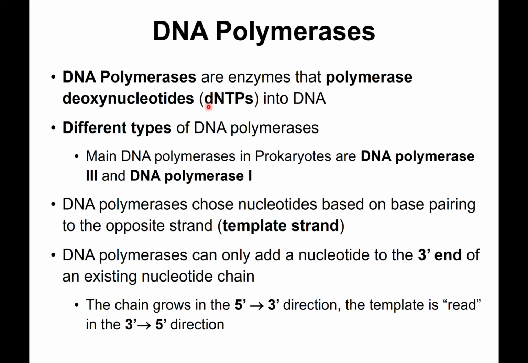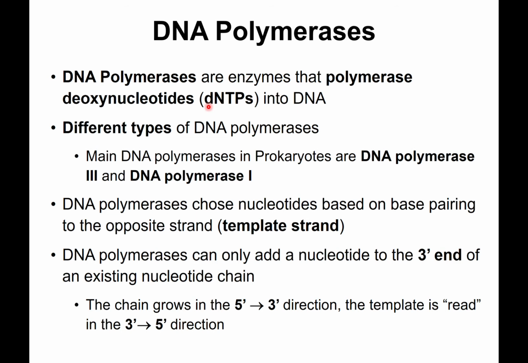Now, how does it work? How does the polymerase know which nucleotide to add? It is by reading the original strand of DNA that works as a template. So it's looking, between brackets, okay? So it's sensing what is on the template strand and adding the complementary nucleotide for that specific base in the template strand.